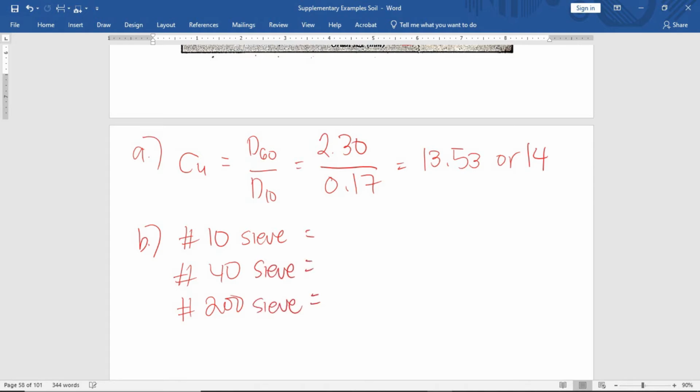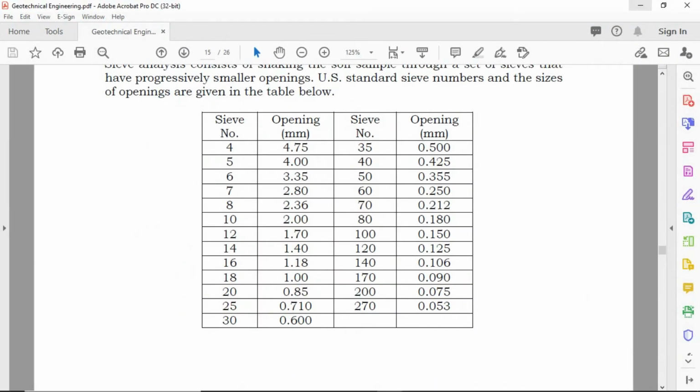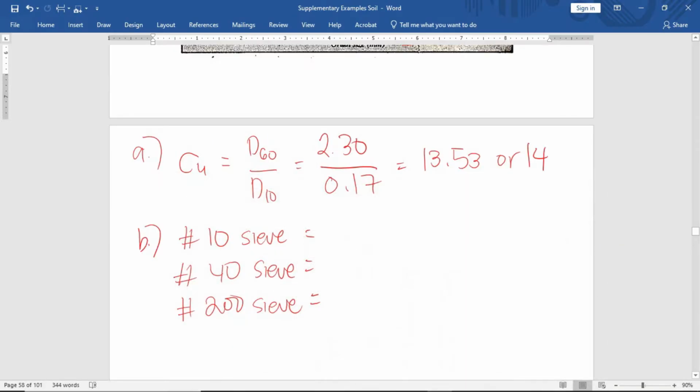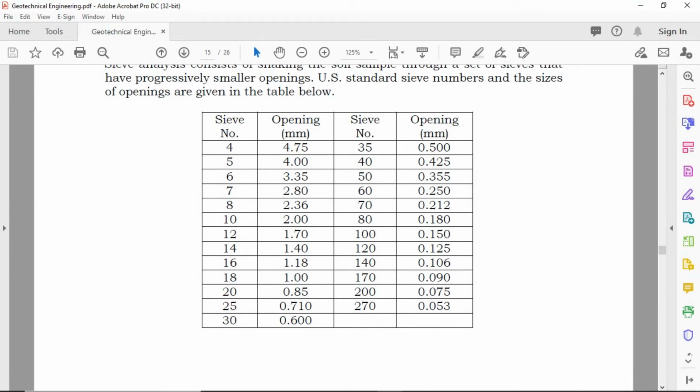Ang number 10 natin na sieve ay papakita ko ulit. Ito yan. Number 10 is 2 mm. Ang number 40 natin is 0.425 and ang number 200 is 0.075.